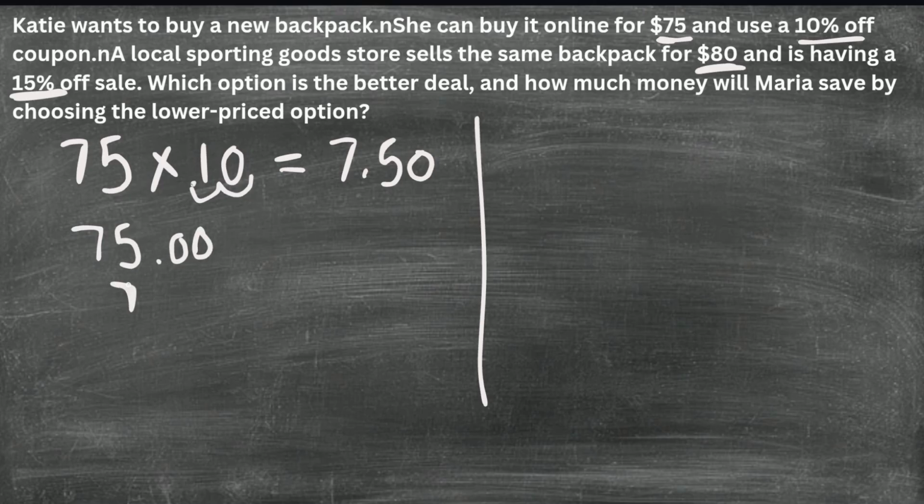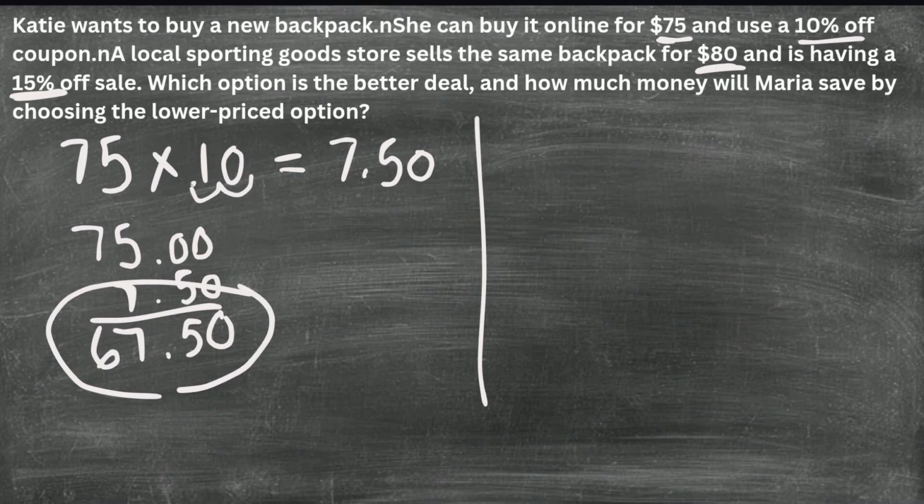So we're just going to subtract. And when we do this, this gives me a 0, then a 5, and then this gives us a 7 and a 6. So the new price is $67.50.